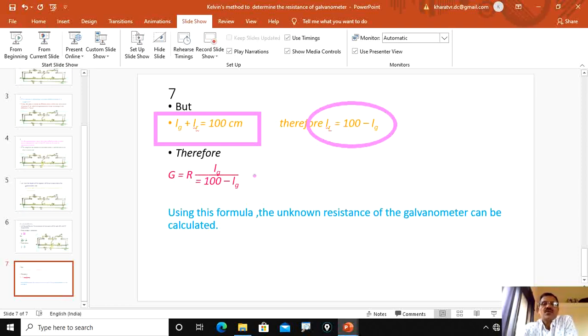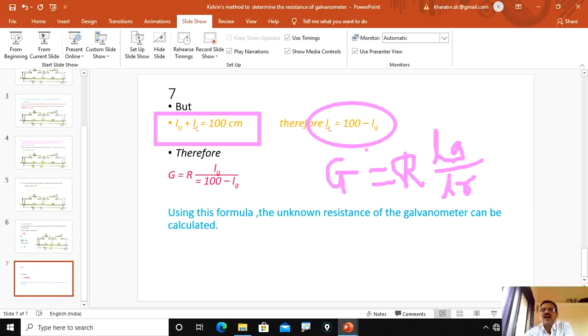If we substitute this value of LR in the above equation, that is G is equal to R into LG divided by LR, with LR equal to 100 minus LG, we will get G is equal to R into LG upon 100 minus LG.